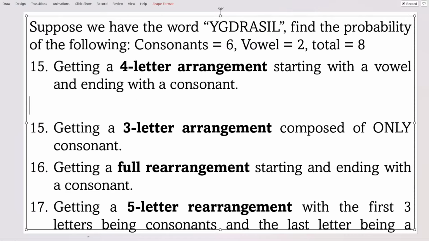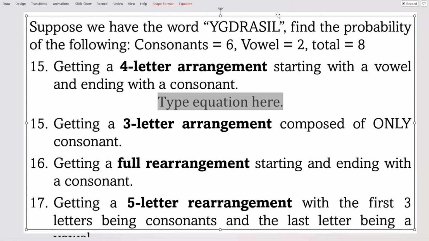So let's first solve number 15, getting a four-letter arrangement. Let's find S first. How many four-letter arrangements could we have with the letters Yggdrasil? So one, two, three, and four. All the possible outcomes is without condition, meaning you can put any letter on the first slot and then so on and so forth as you fill in the rest.